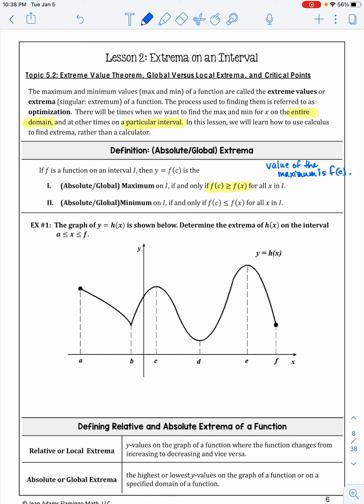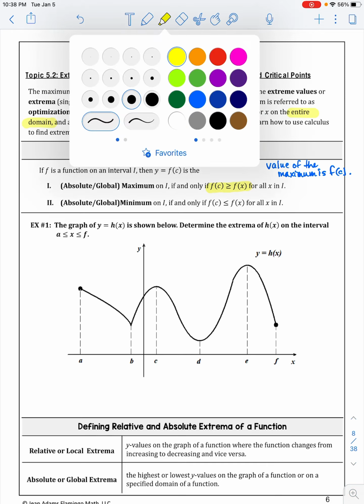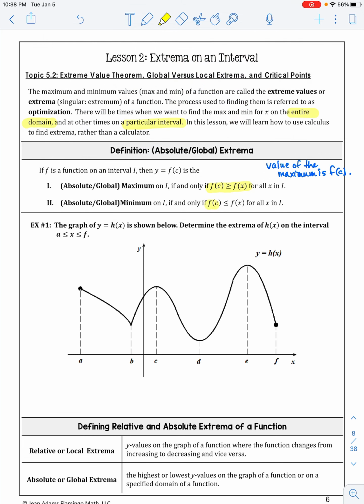And then number two, the absolute or global minimum on I if and only if the function's value at c is smaller than any other y value on that interval.